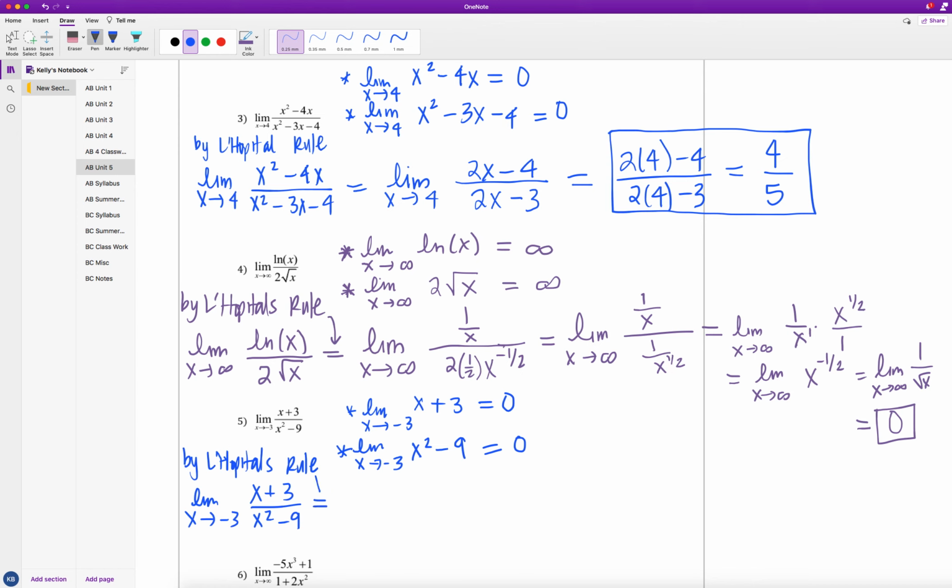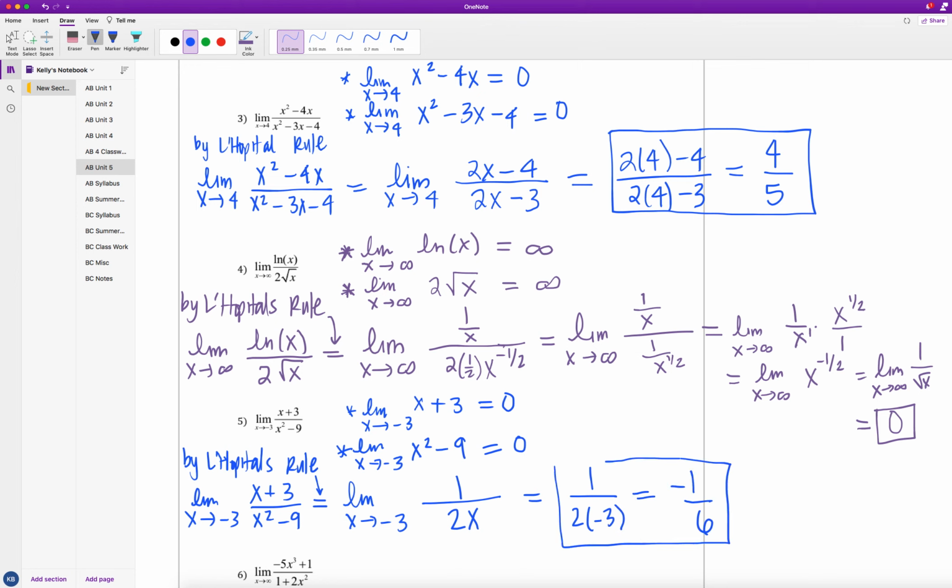So my original limit here by L'Hopital's rule is going to be equal to the limit as x approaches negative 3 of the derivative of the top, which would be 1, over the derivative of the denominator, which would leave us with 2x. This limit can be directly substituted in, and I'll get 1 over 2 times negative 3, which I can leave as my final answer, or I could simplify this as negative 1/6 by multiplying the 2 and the negative 3.